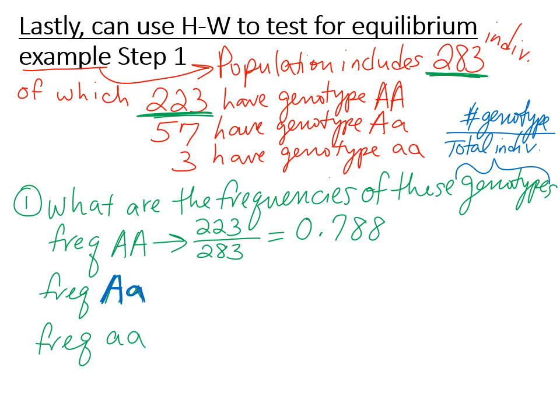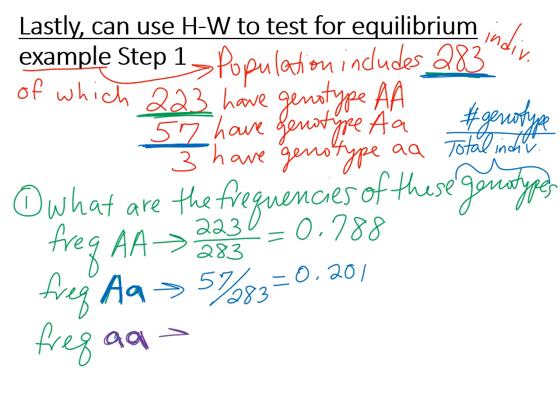Then our second one, I'll change the color so you can see this, are heterozygotes. What's the frequency of heterozygotes? Well, 57 out of 283 individuals have the heterozygous genotype. So you do 57 divided by 283, which is equal to 0.201. And then we get to the very last one, our lowercase, our recessive ones.